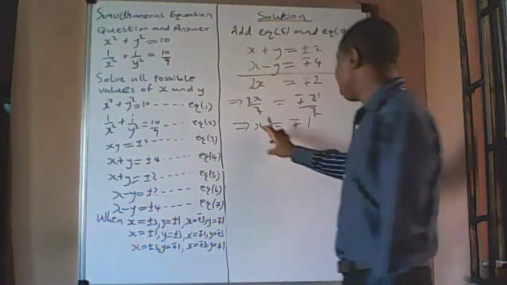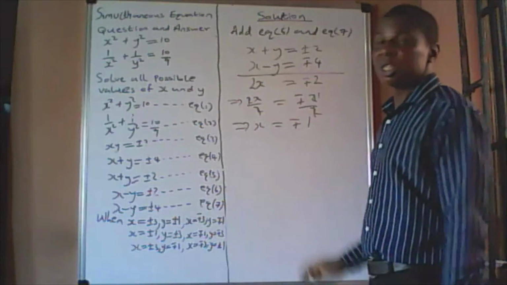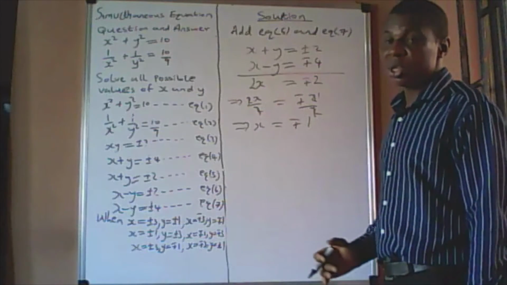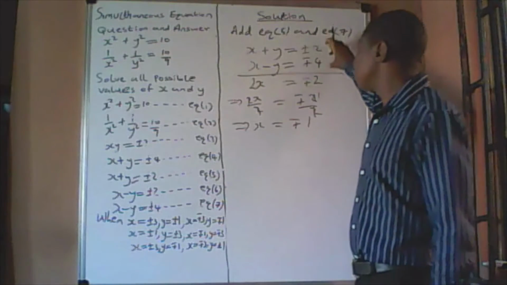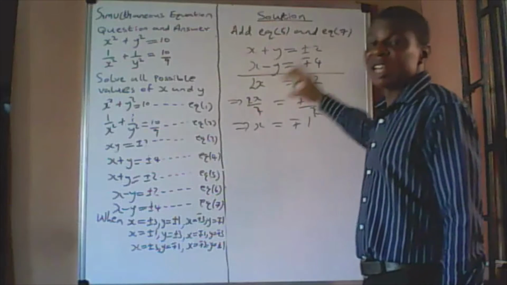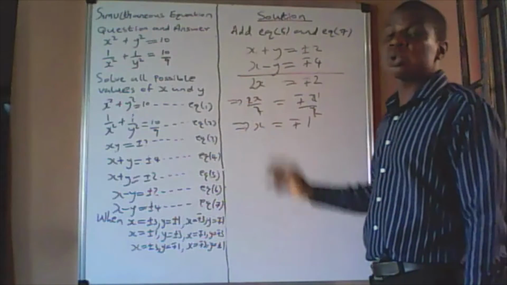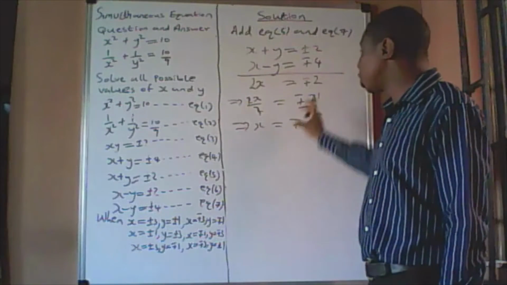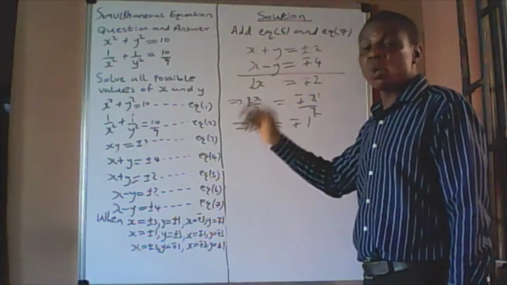Now I'm going to substitute the value of x equal to minus or plus 1 into equation 3. Remember that we derive the 2 equations when we consider x times y equal to minus 3. I'm going to substitute it into x times y equal to minus 3.